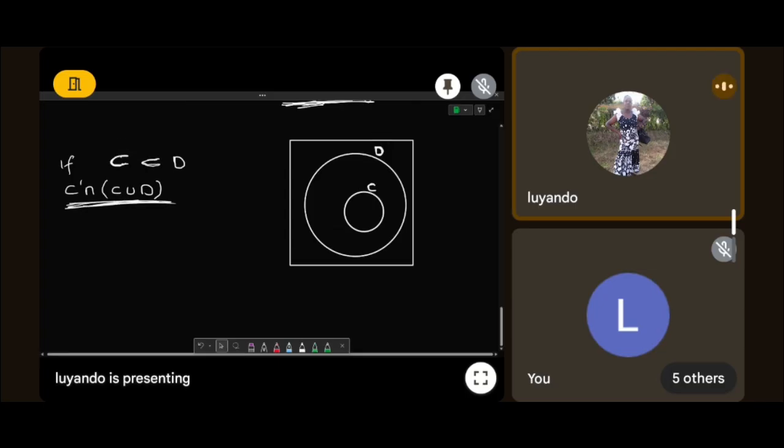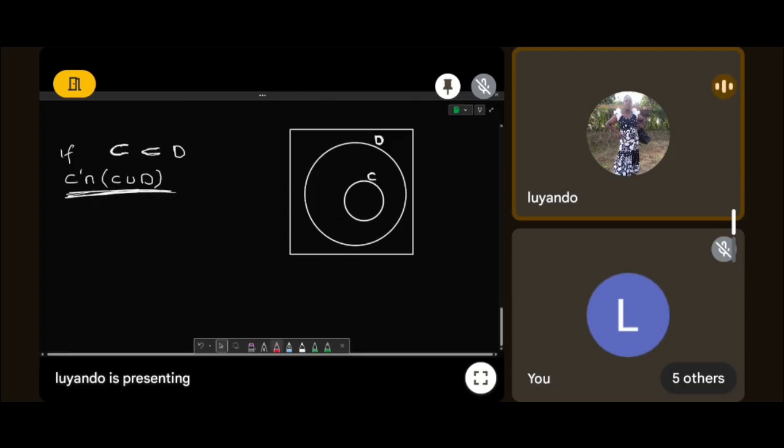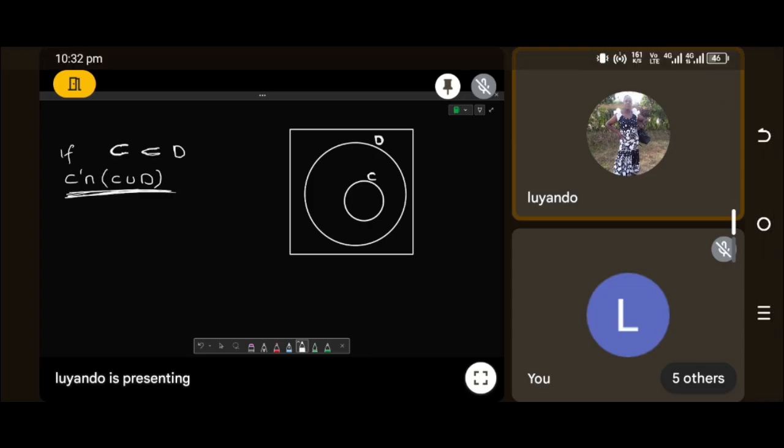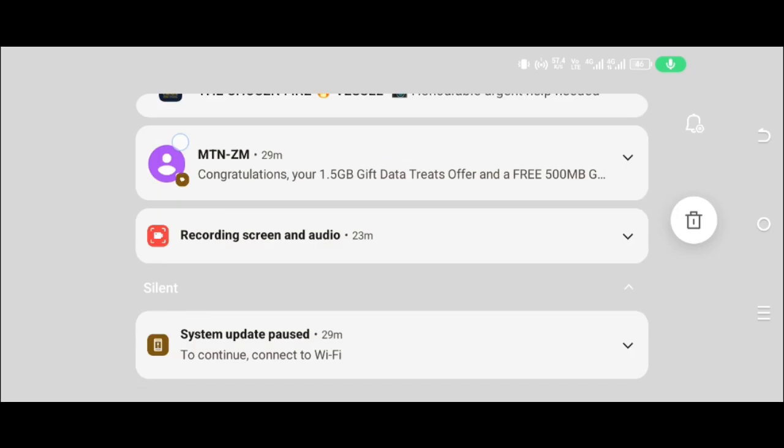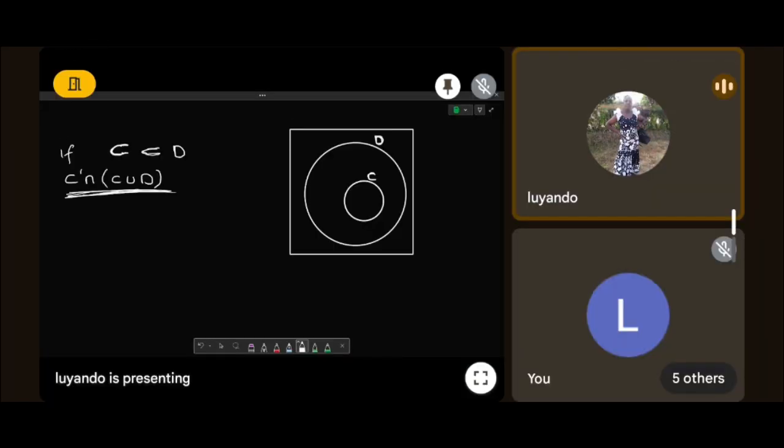Okay. Since we have understood that, what we need to do to effectively solve this is fill in this example of a set that we have made with some elements.